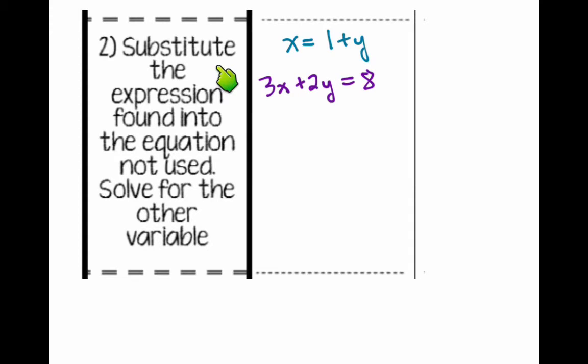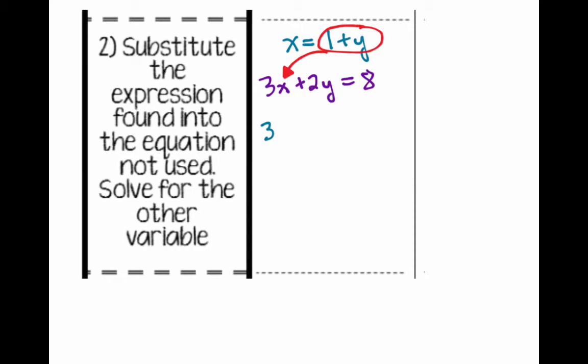And step 2, I'm going to substitute the expression found into the equation that I didn't use. And now I'm going to solve for y. So I'm pretending I know what x is, and now I'm going to figure out what y is. So I'm going to take that expression and substitute it in for x.